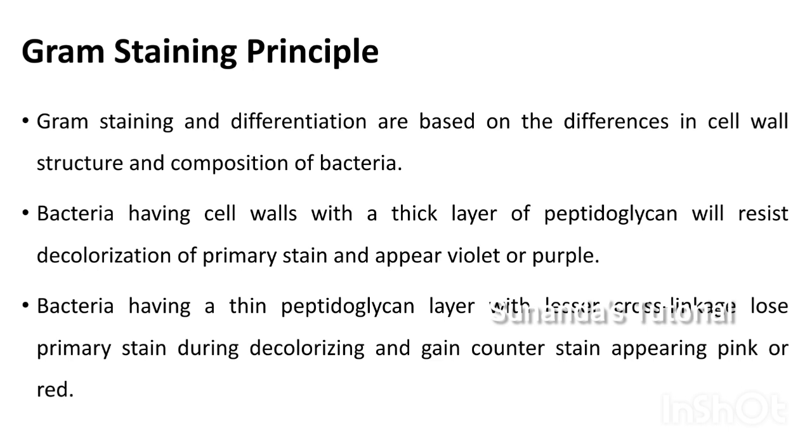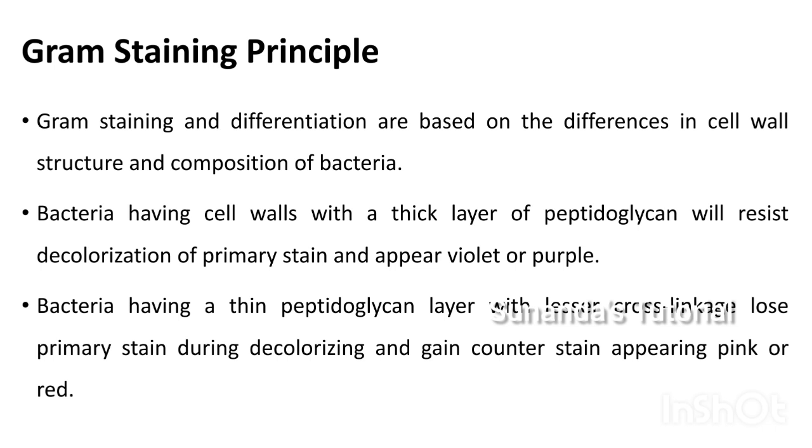Bacteria having a cell wall with thick peptidoglycan will resist the decolorization of primary stain and appear as violet or purple because they create a strong crystal violet iodine complex which the decolorizer cannot wash out.